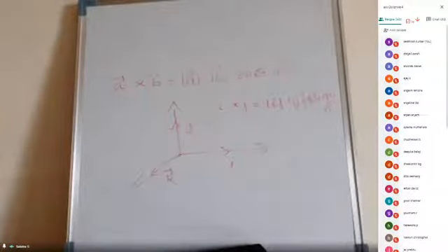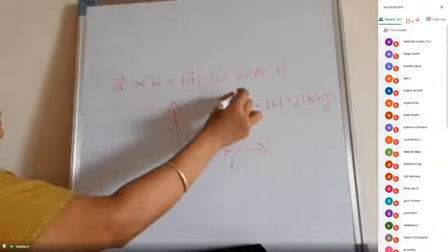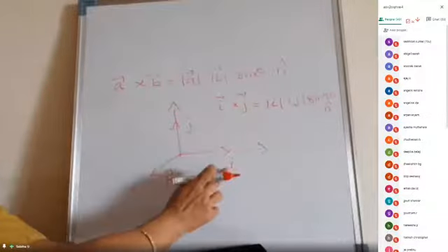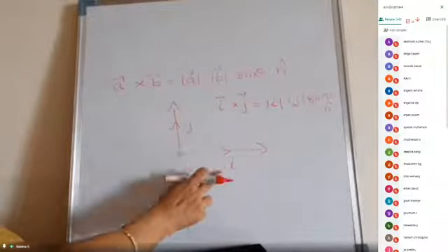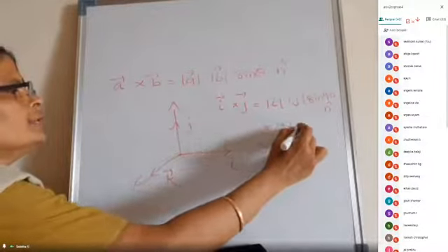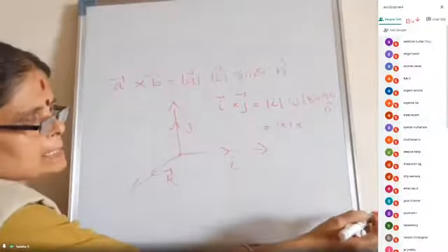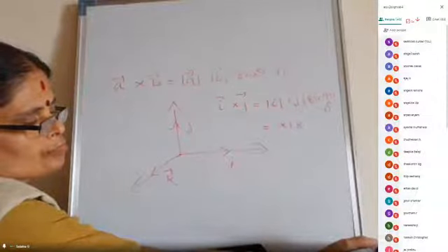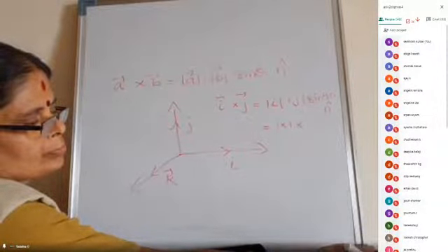So, are you all listening? Yes, ma'am. Now, I cross J is mod I, mod J, sin 90, n cap, and I, J, K are unit vectors. So 1 into sin 90 is what? 1.